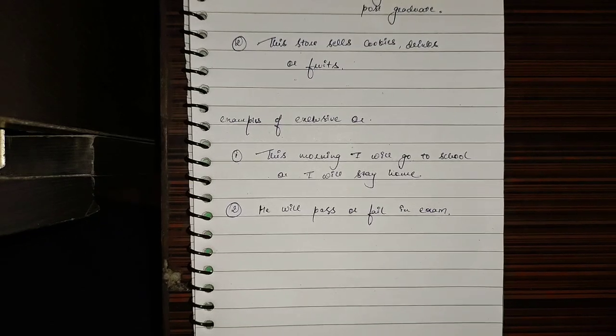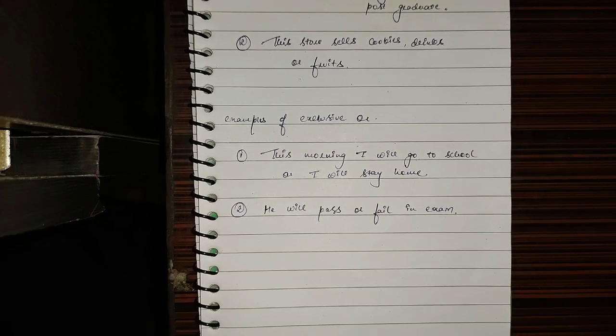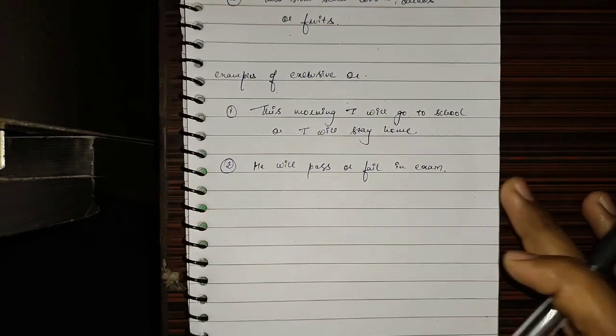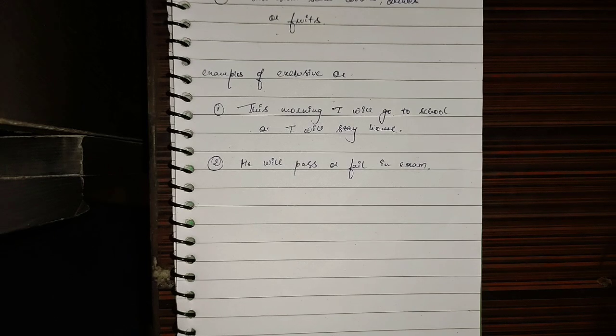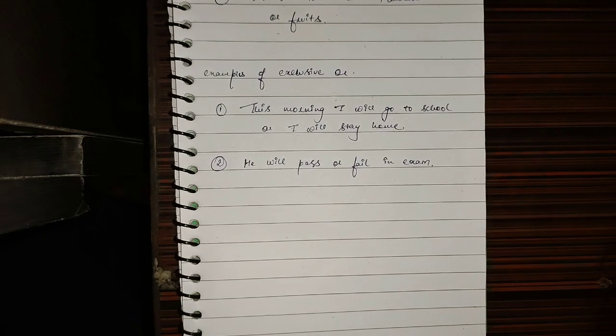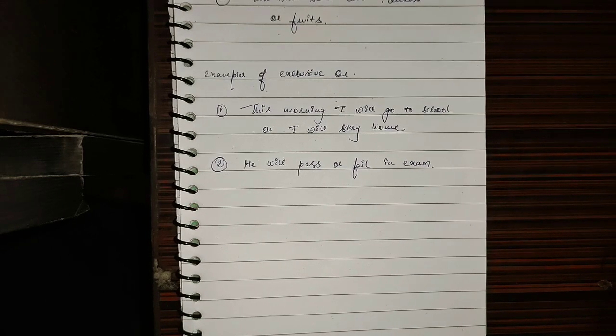It will never be the case that you are at your home and at your school at the same time. Similarly, the second example says he will pass or he will fail an exam. Only one of the two possibilities will hold, because a person cannot pass and fail the exam simultaneously. He can either pass or he can fail the exam.